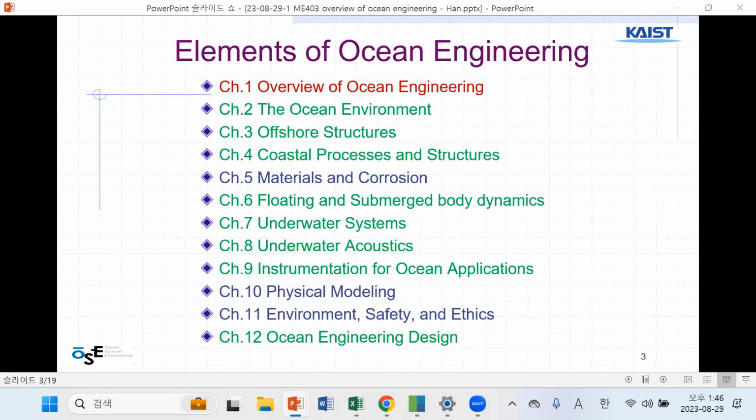Many changes from the textbook. Anyway, the green part is what we are trying to cover this semester: ocean environment and offshore structure, coastal engineering, floating body dynamics, underwater systems, underwater acoustics, instrumentation, ocean engineering.